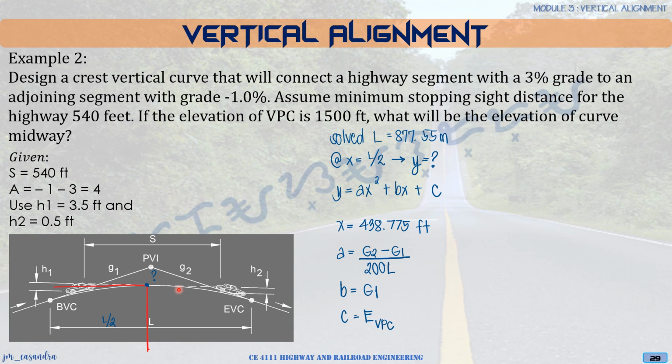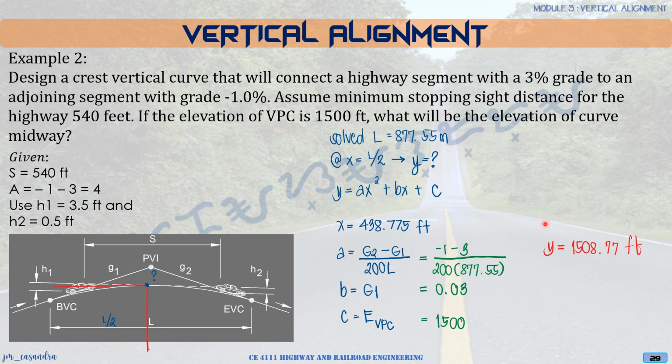So for A, that is now equal to negative 4 divided by 200 times 877.55. B is equal to 0.03 and C is equal to 1,500. So substituting this in our equation, we now have 1508.77.